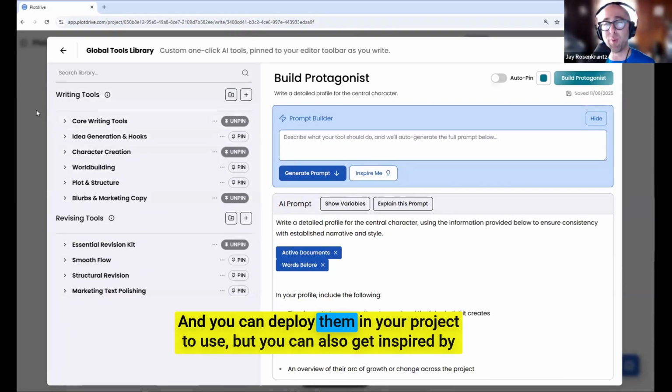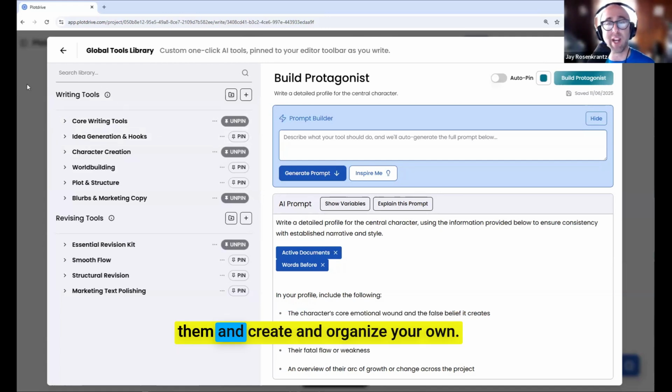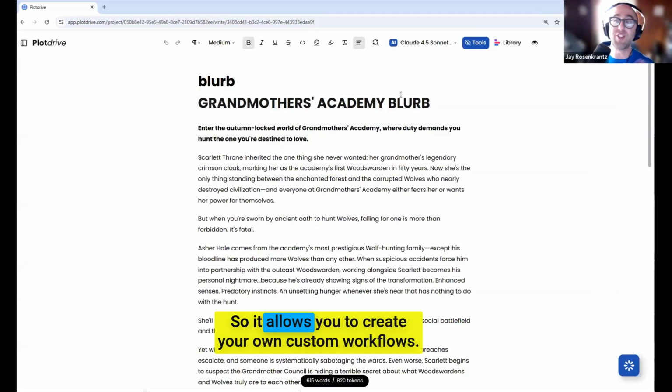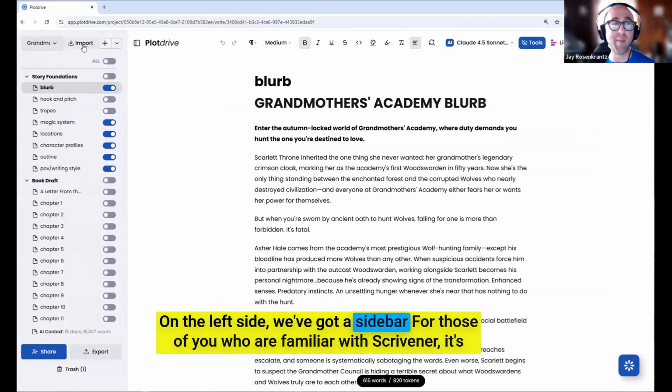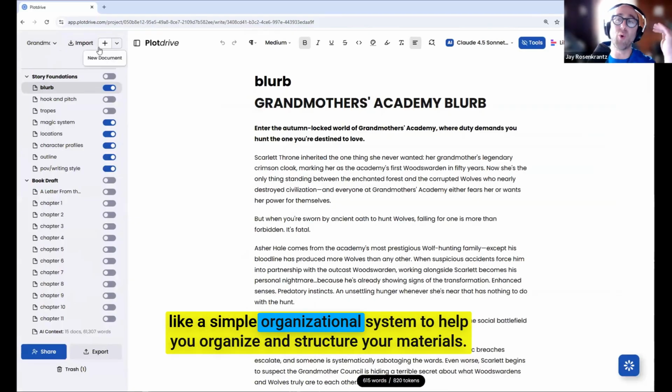You can deploy them in your project to use, but you can also get inspired by them and create and organize your own, so it allows you to create your own custom workflows. On the left side, we've got a sidebar. For those of you who are familiar with Scrivener, it's like a simple organizational system to help you organize and structure your materials.